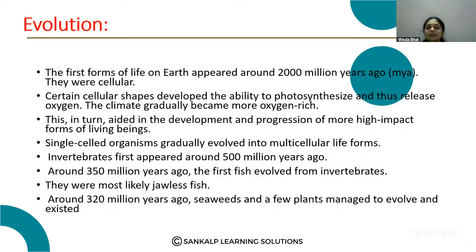See, the first forms of life on Earth appeared around 2000 million years ago. They were cellular. How did the first life form evolve and when did it evolve? 2000 million years ago. So that was cellular.